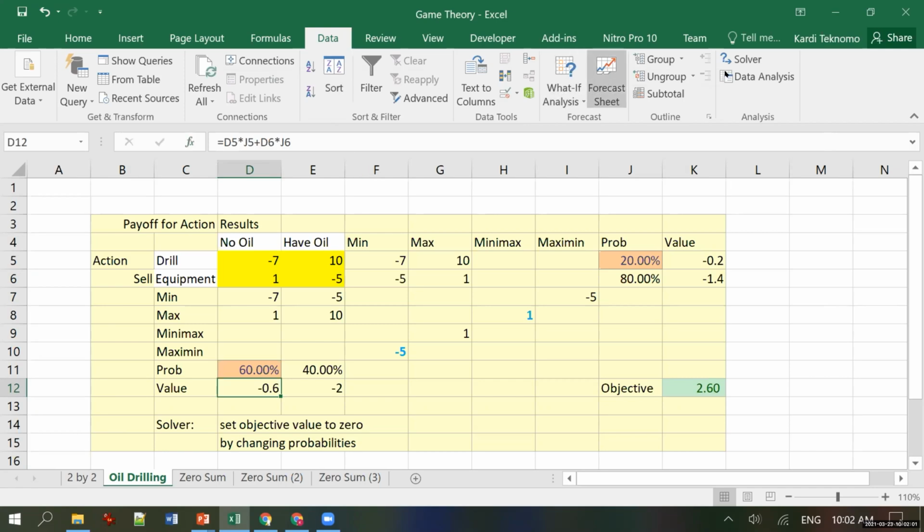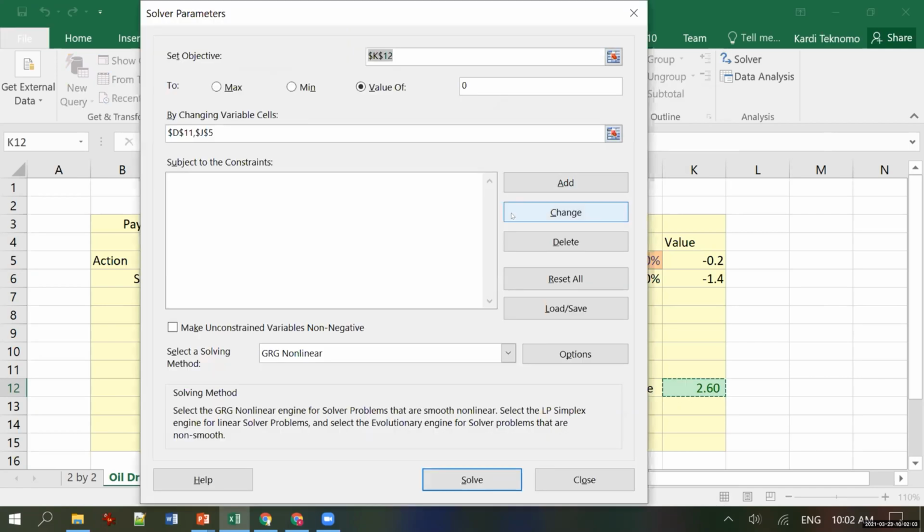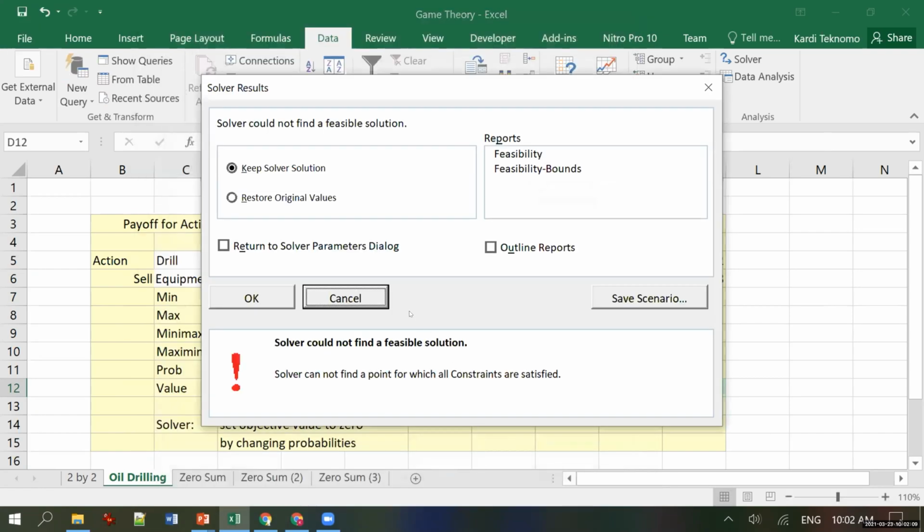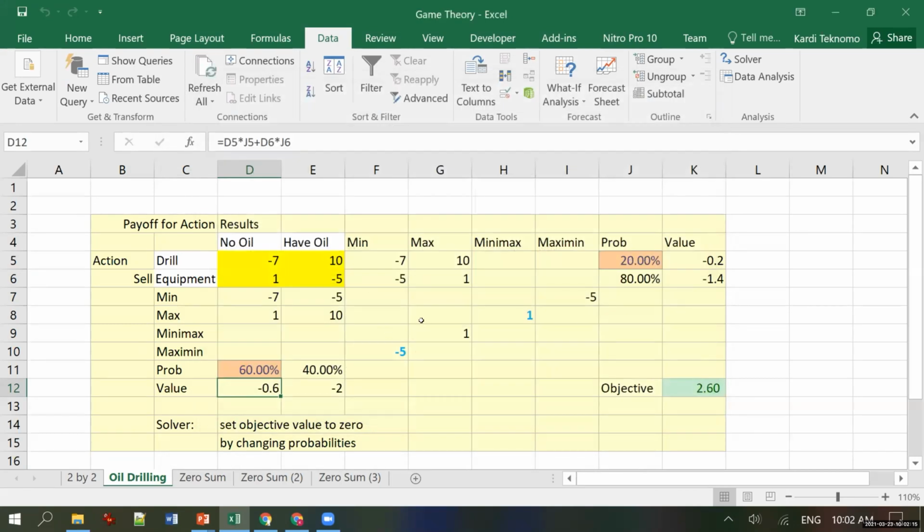Okay, smaller. Let's try the solver again. Still could not find the solution. So this is the problem with linear programming. Sometimes you cannot find the solution, right?